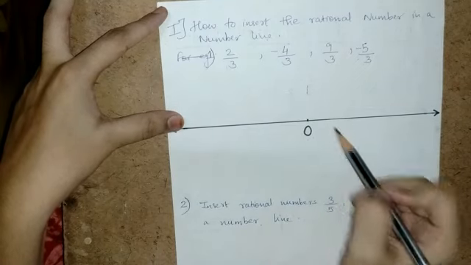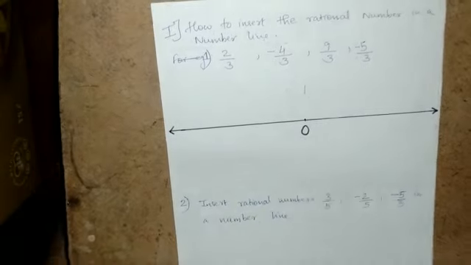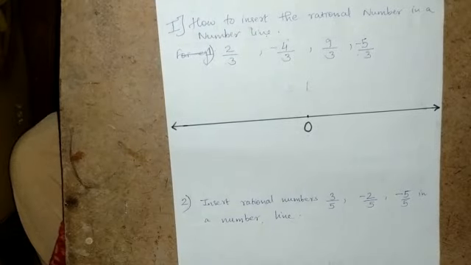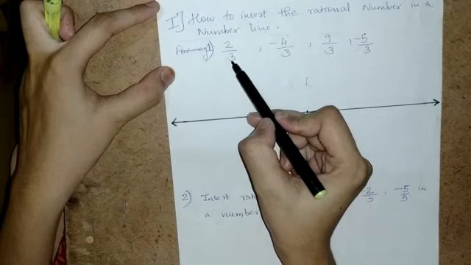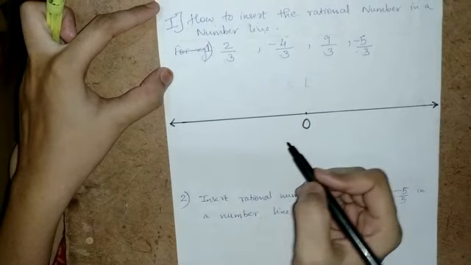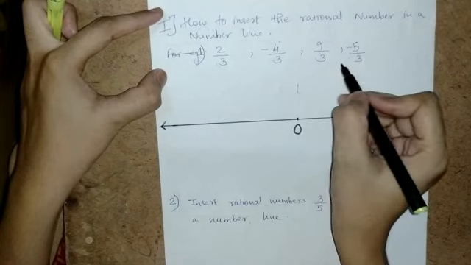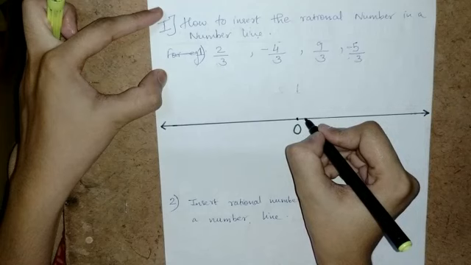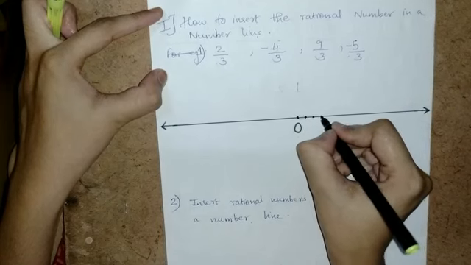So how do we do this? First we will see what the denominator is. The denominator is 3. So how do we make this number line now? As the denominator is 3, after 0 make 3 dots: 1, 2, 3.